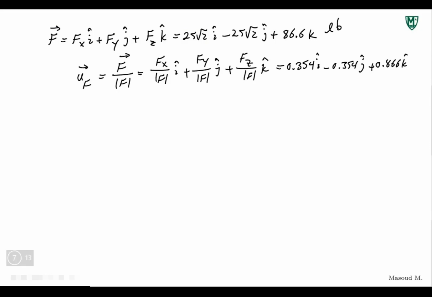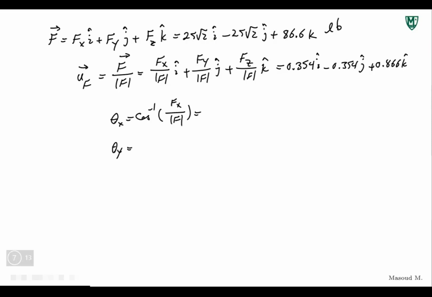The last part, all right, we found the vector, we found the unit vector for that vector. The last part was asking us to find the direction angles, alpha, beta, and gamma, or theta x, theta y, and theta z. To make sure I give enough space to both notations, I use theta x here. Theta x is cosine inverse of fx divided by magnitude of f.